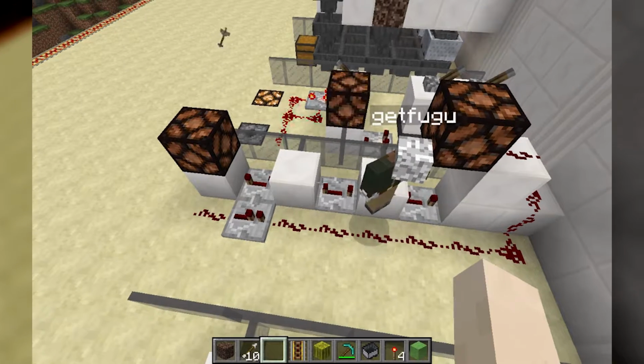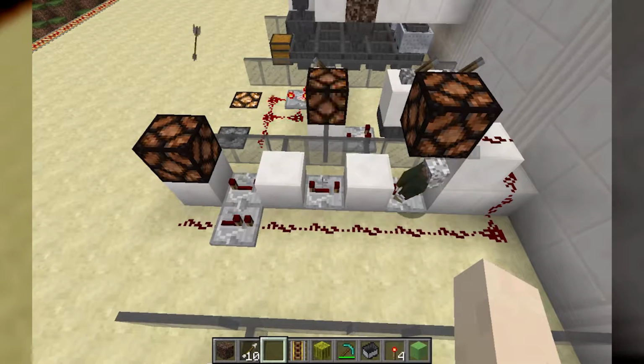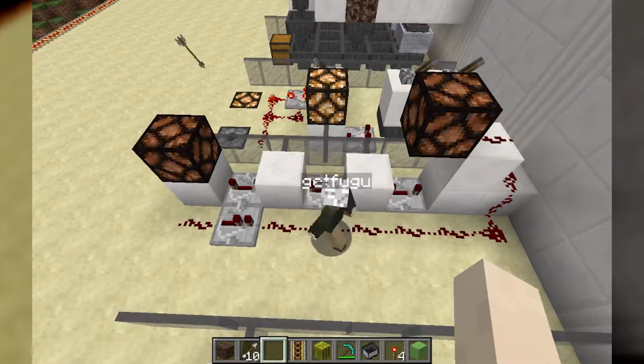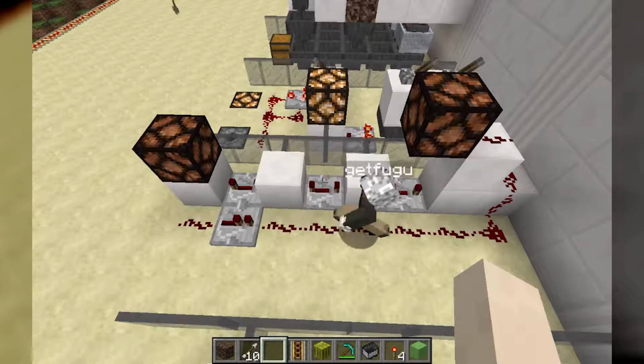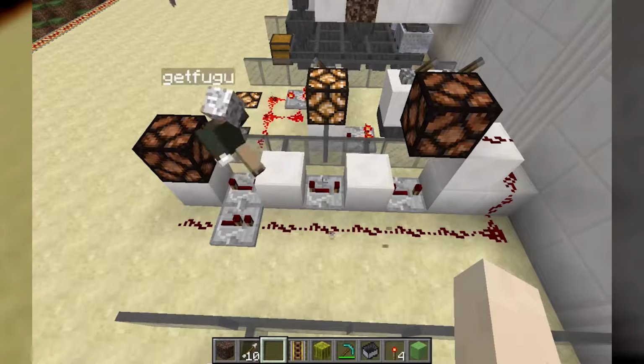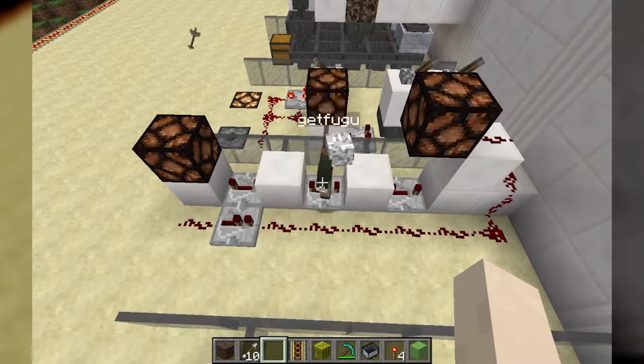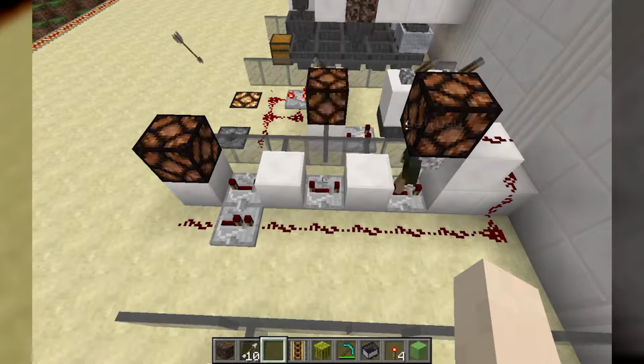And then this repeater takes even more delay because it's only powered by these repeaters here. So in order for this one to get powered, first this one has to take its delay, this one has to take its delay, and then this one gets powered.